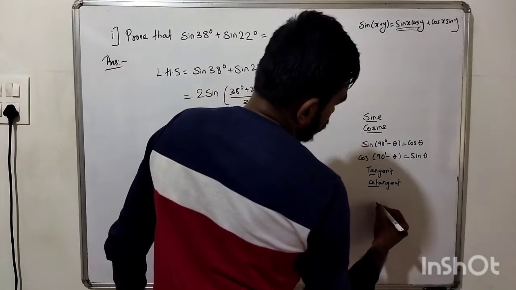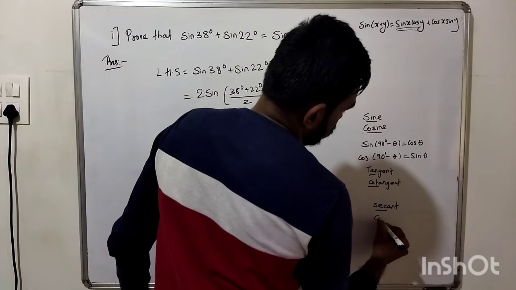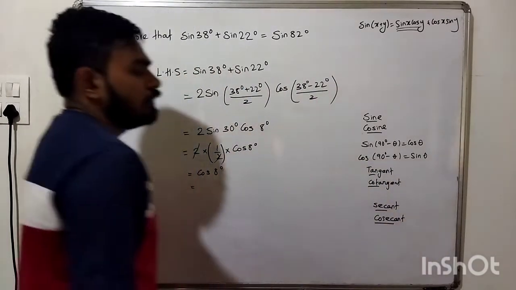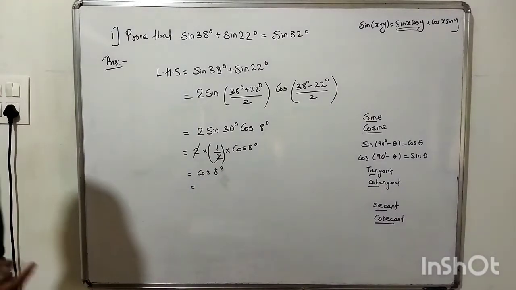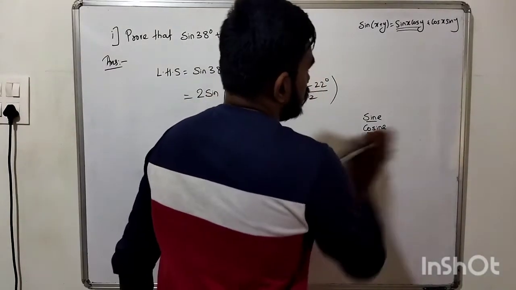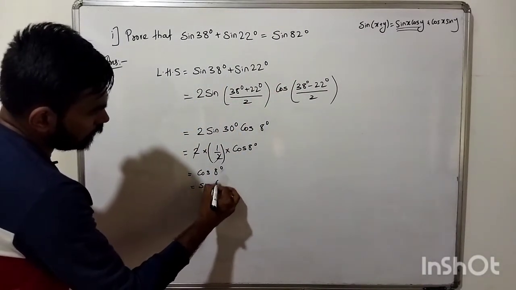Similarly, this formula is valid for sec and cosec, secant, sec, and cosecant, cosec, okay? Sec of 90 minus theta is cosec theta, and cosec of 90 minus theta is sec theta. So using this, you can say cos of 8 degree is sine of 90 degree minus 8, correct?